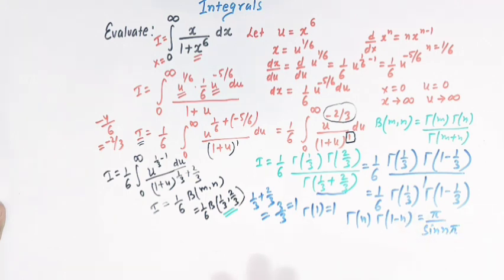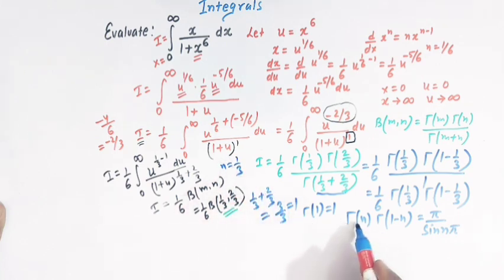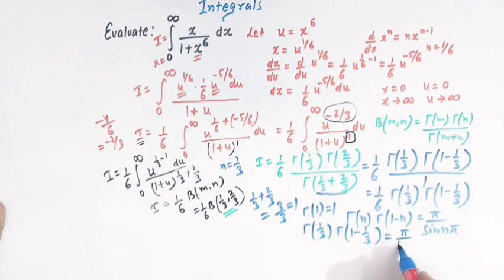So here, see, we have gamma of 1 by 3 and gamma of 1 minus 1 by 3. So if we take n equal to 1 by 3, we get gamma of 1 by 3, gamma of 1 minus 1 by 3, right? So we have pi over sine of pi by 3, because we are taking n equal to 1 by 3.